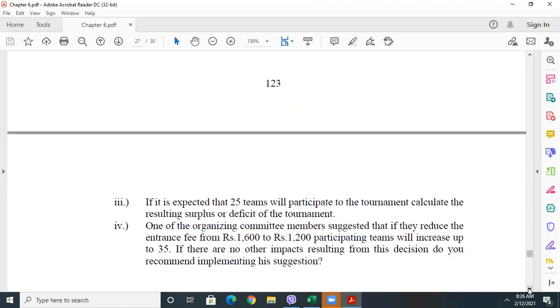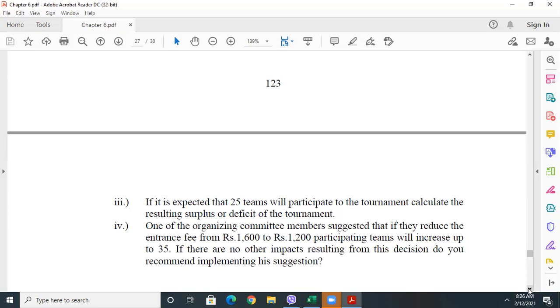Then it asks, if it is expected that 25 teams will participate in the tournament, calculate the resulting surplus or deficit of the tournament. So what is going to be the profit or loss if the participation is 25 teams?